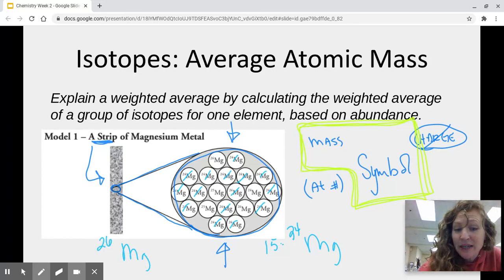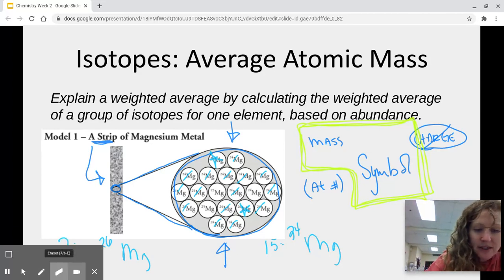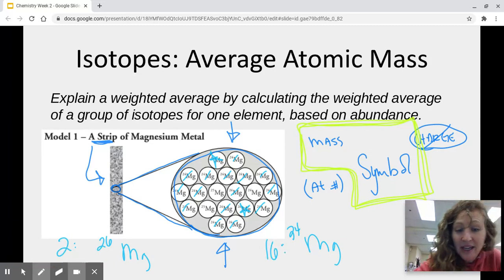Now there are some magnesium 26s. Here's one. Here's another. Oh, I missed a magnesium 24. So I see 2 magnesium 26s, and I also found another magnesium 24. So I'm going to go 16 here. Okay, yet there is still more.